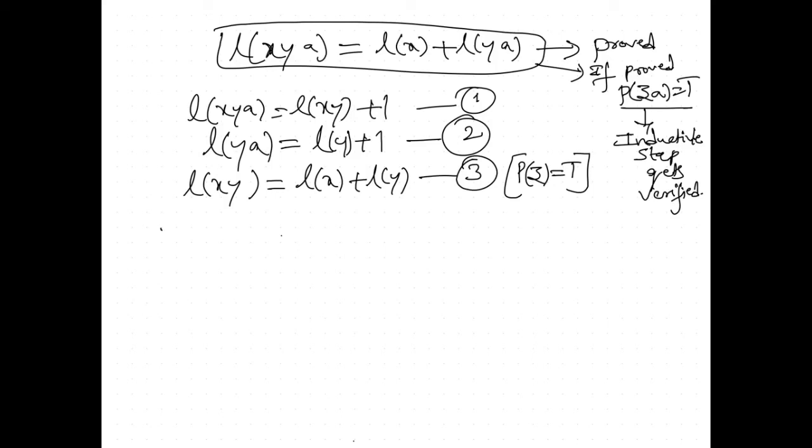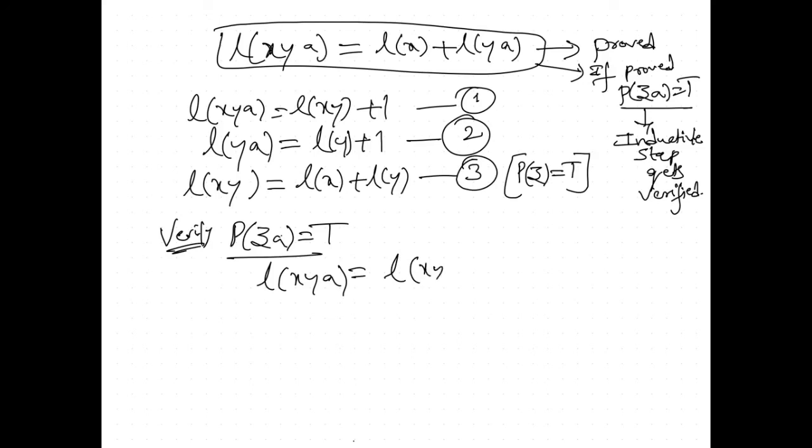Now I am going to verify P of za is equal to true. How am I going to verify? L of xya is equal to, can I write like this, L of xy plus 1, by the recursive definition of the length of the string? Yes, we can write, because a is one symbol, that's why I am writing 1, and xy is a string, that's why I am writing the length of the string.